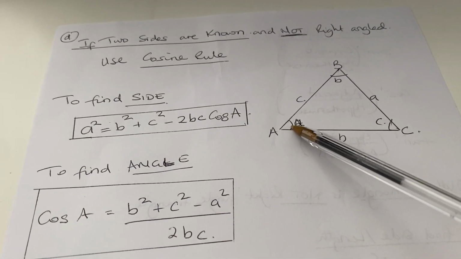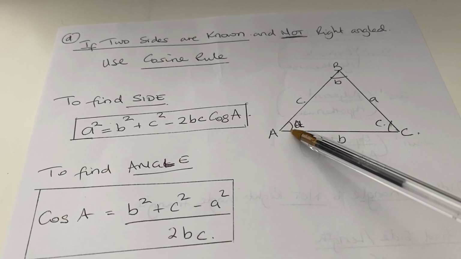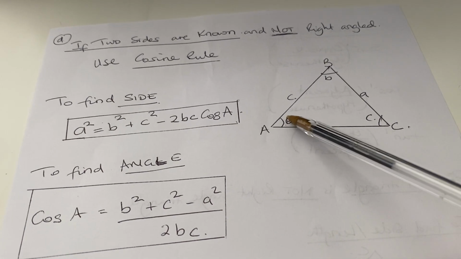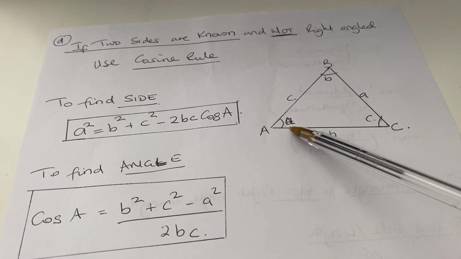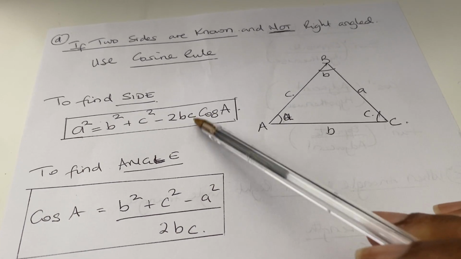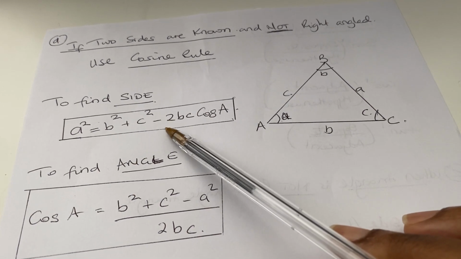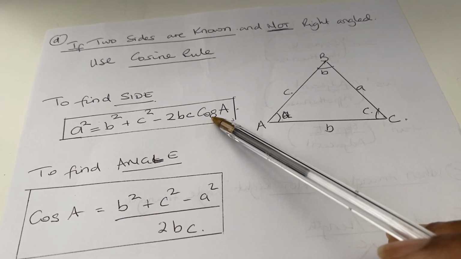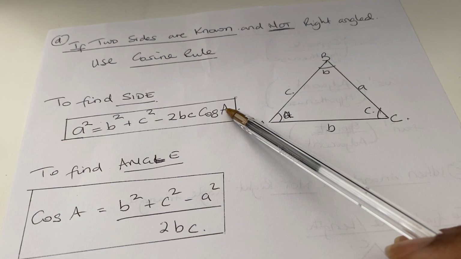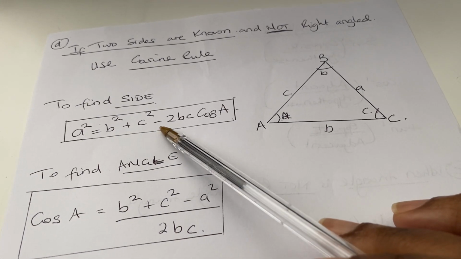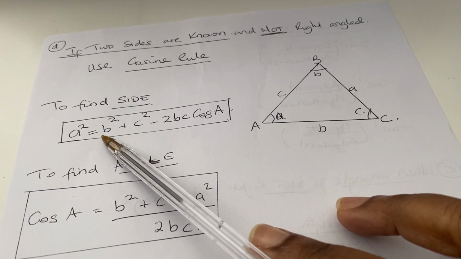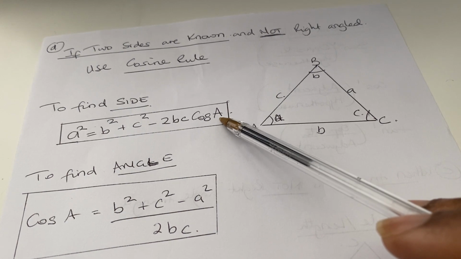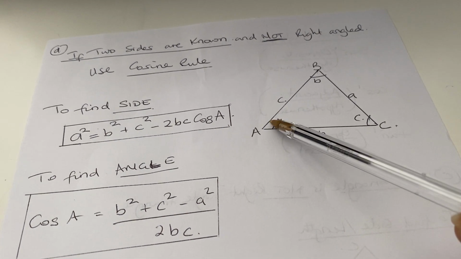But assuming this is not a right angle triangle, then you need 2BC cos of the angle here. So even if it's 89 degrees, you have to find the cos of 89. Subtract 2BC cos of 89, and then you have B squared plus C squared. Remember, for A squared, the angle involved should be cos A, that angle.